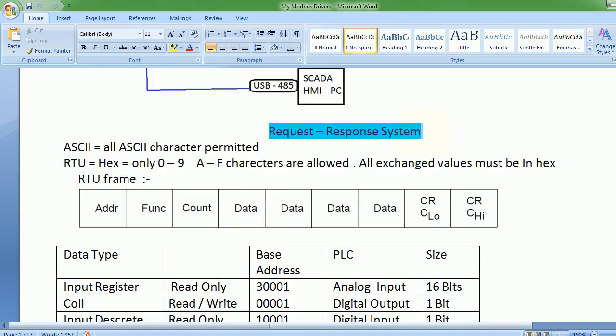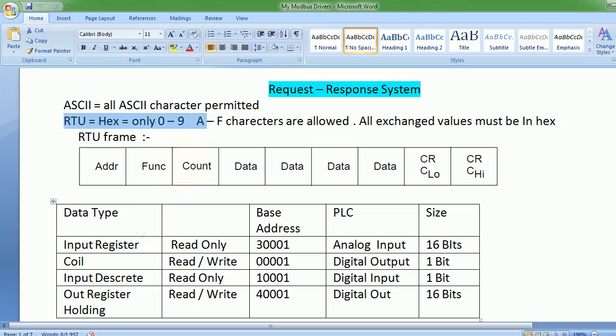Modbus is a request response system, which means your HMI asks questions and the PLC replies. ASCII means all characters are available. In RTU, you don't have all the characters, you're just left with 0 to 9 and A to F, and it's very easy to work with these numbers. Once you have got a little background in electronics, you won't find it difficult.